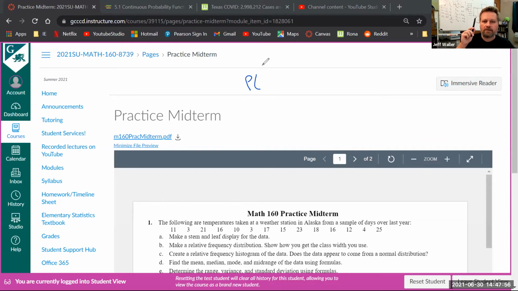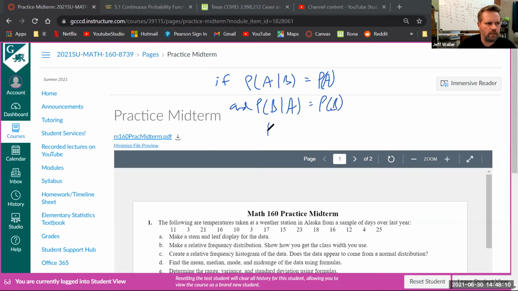Good. Now, use less English. Use more math. Probability of A given B is equal to probability of A. Yes. If this and this, then B and A are independent, and vice versa.